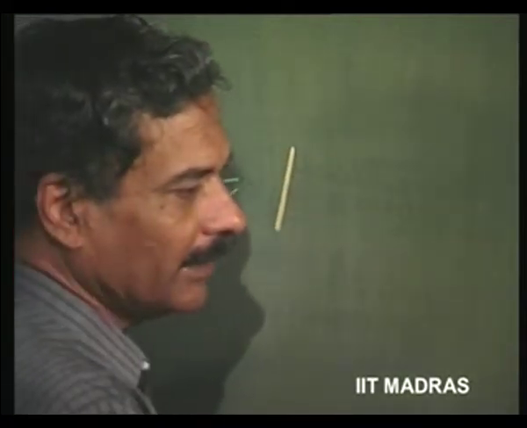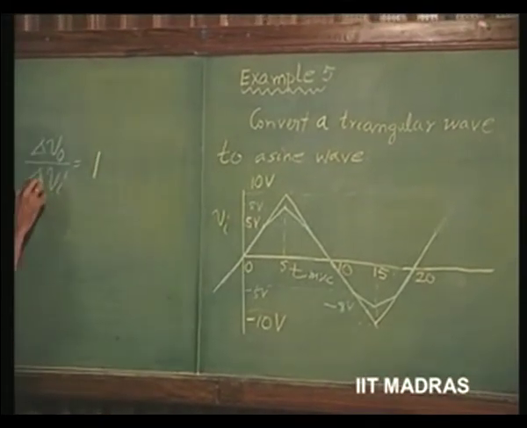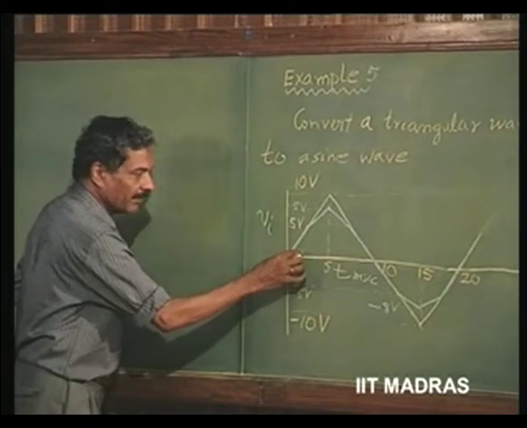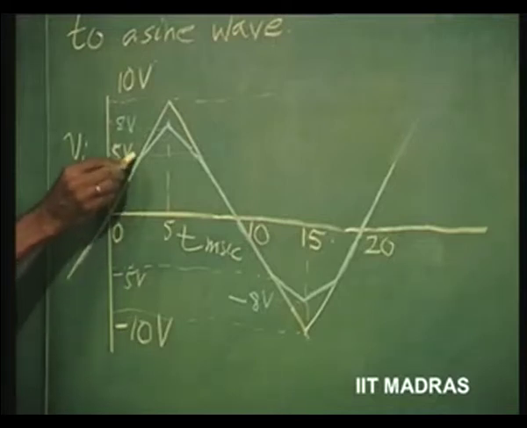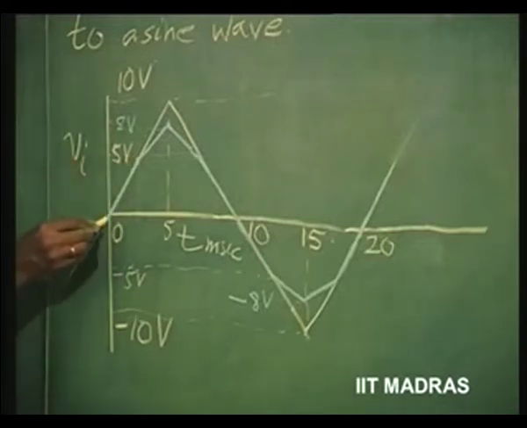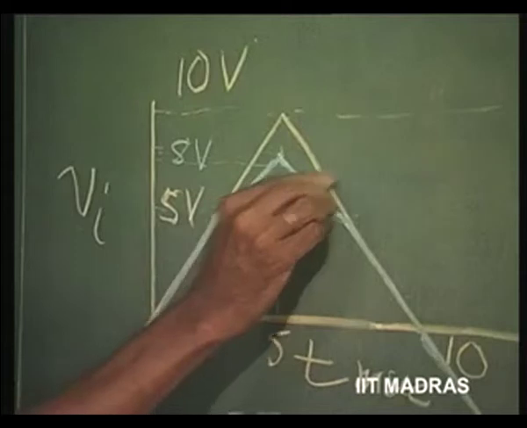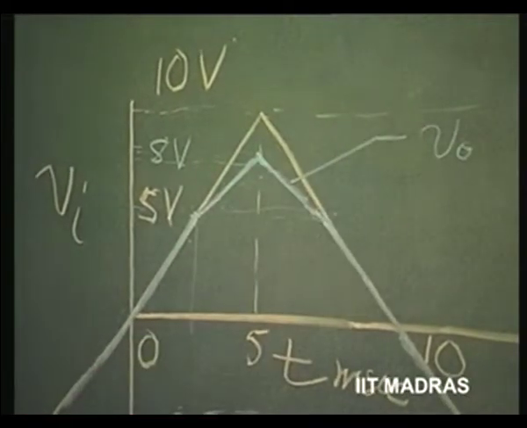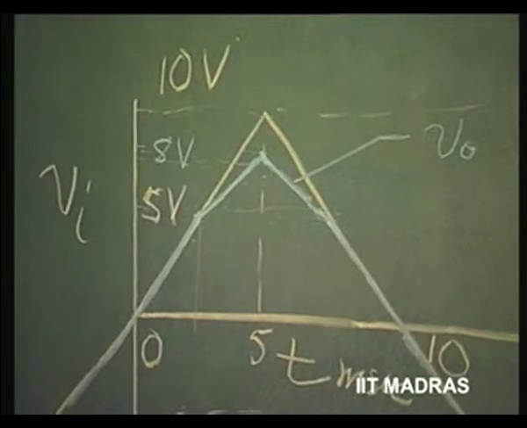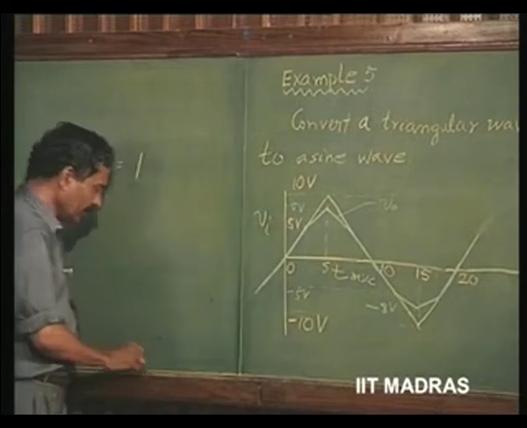Suppose this changes by some amount during this time, the output also should change by the same amount during the same time. So, you can see, let us say up to this time, whatever be the voltage change that is occurring in the input should be occurring at the output also. This colored waveform is the output waveform, let us say. So, delta V naught by delta Vi is equal to 1. That means it should not attenuate.